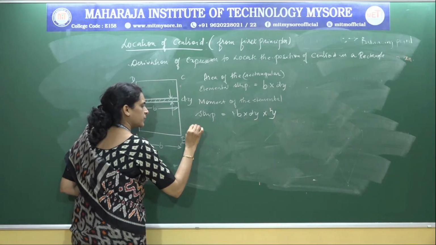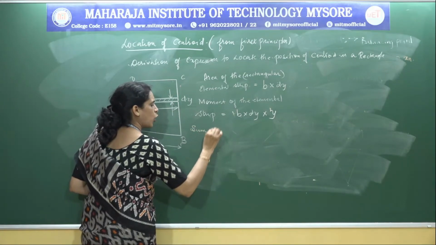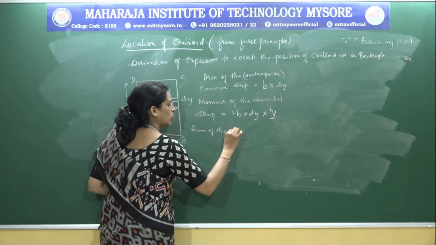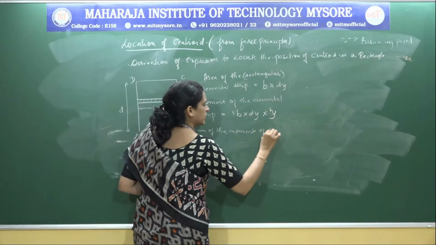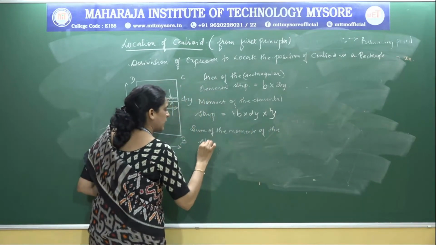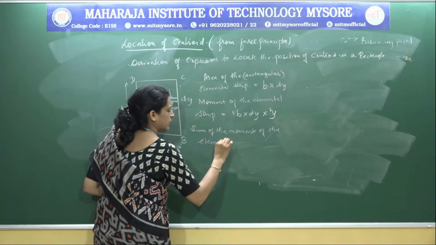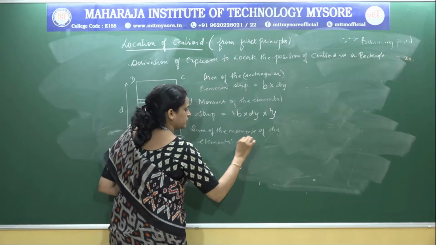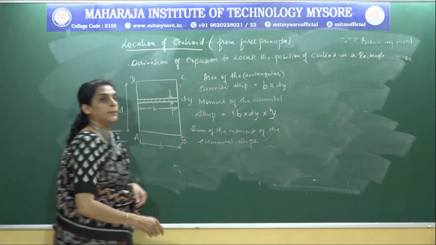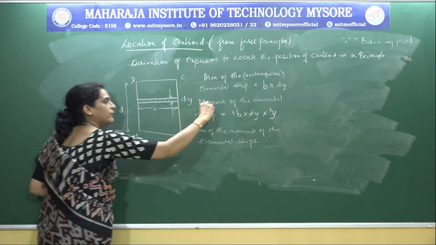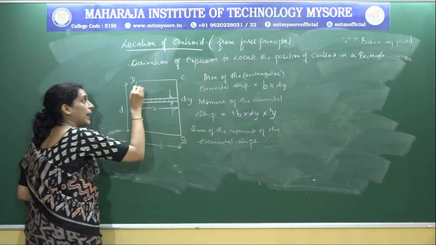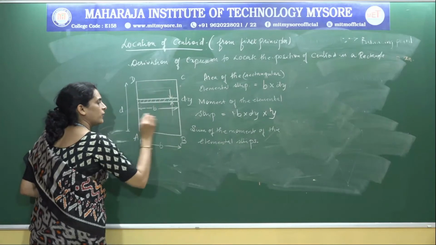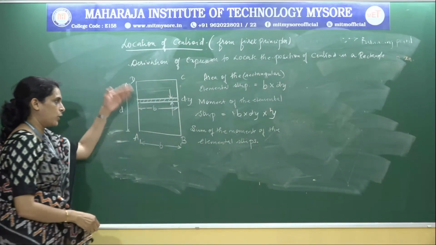Next is sum of the moment of the elemental strips, because I have taken the moment of an individual elemental strip, but I have n number of elemental strips throughout.